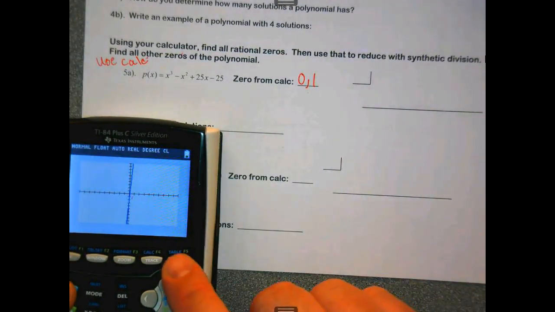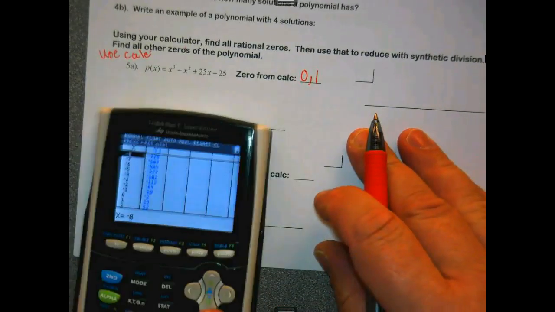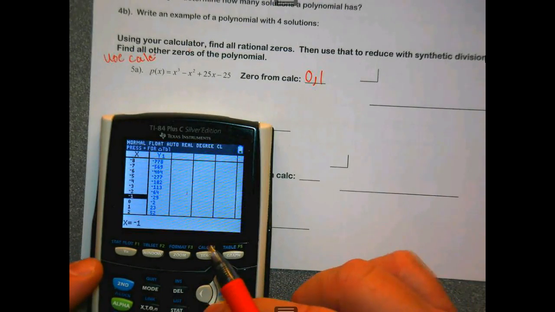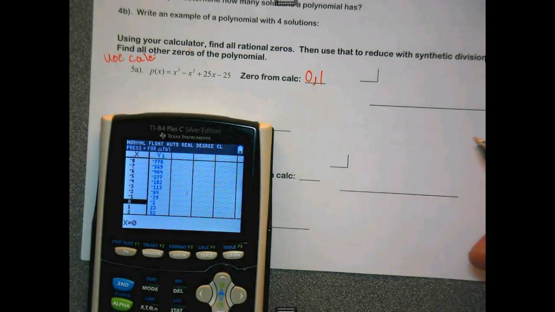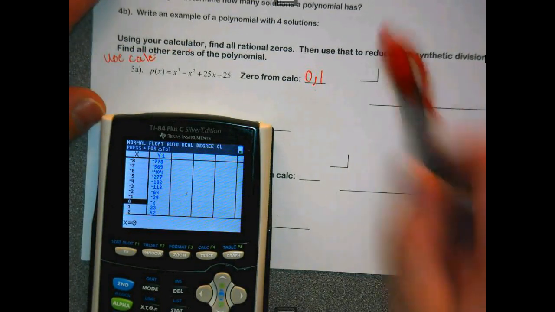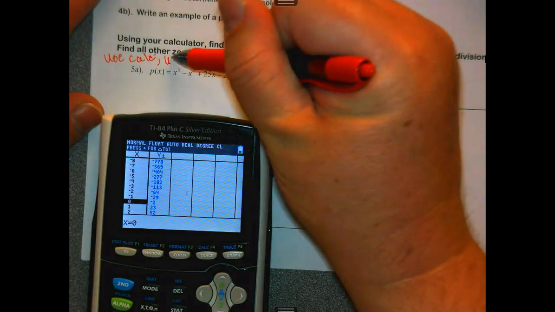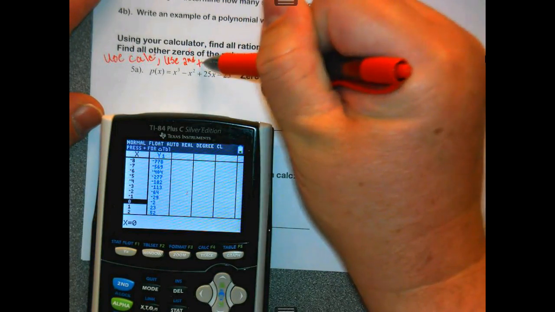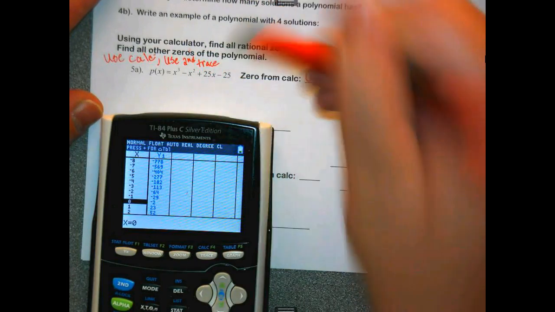I'm going to check my chart. And I'm going to look at 0. And oops, I don't have 0 there. So this time I'm going to have to use the second trace button to calculate my 0.